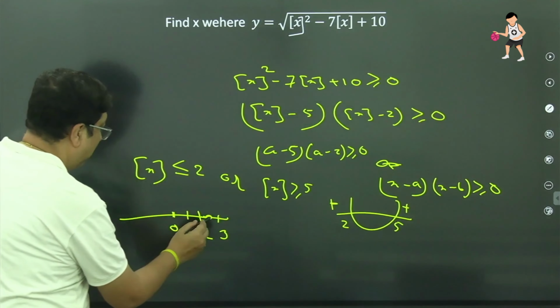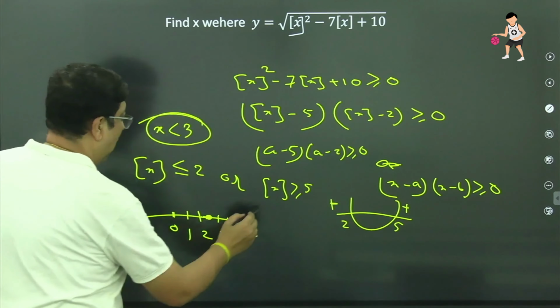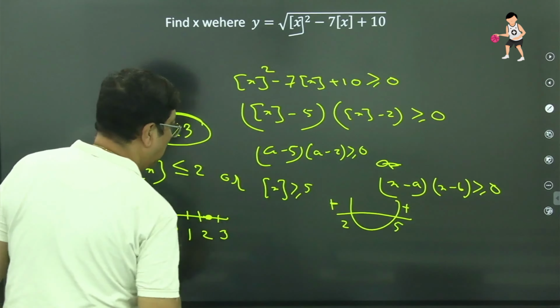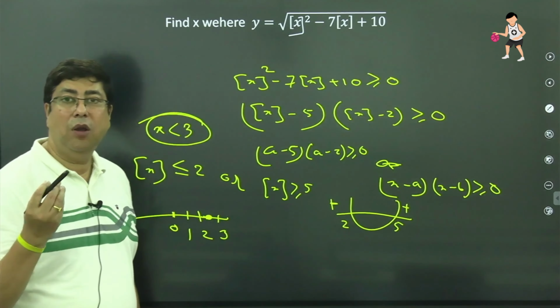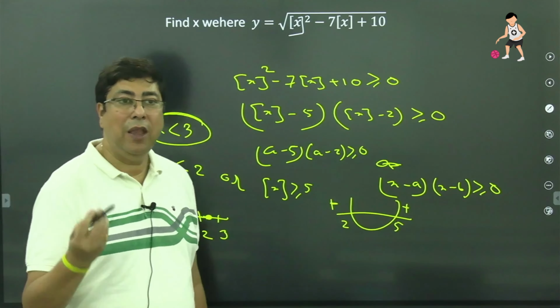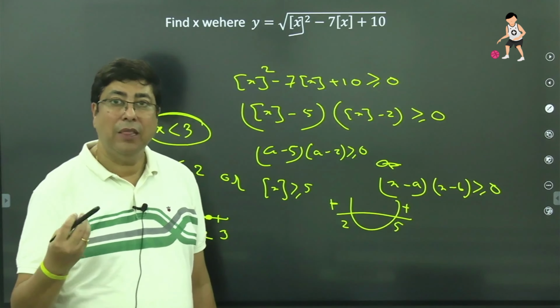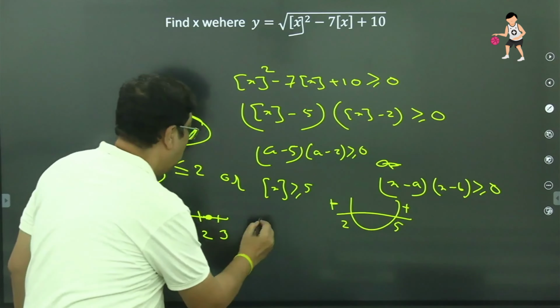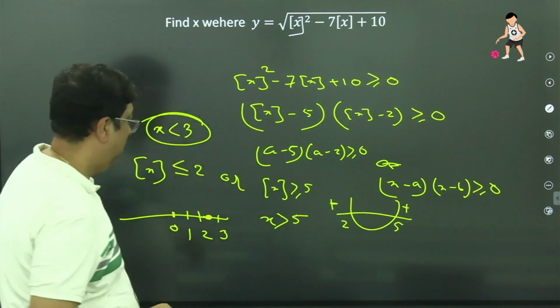This means x less than 3, or floor x greater than equal to 5. If floor x greater than equal to 5, if x equal to 5, then 5 equal to 5. If x equal to 5.9, then also this is greater than equal to 5. Yes, so x greater than equal to 5.